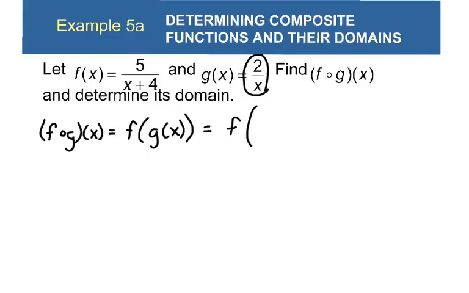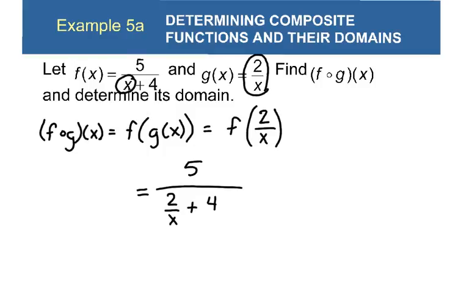So f of 2 over x. Now replace your x value that you have in your function, or all x values, depending on if you have multiple x values in your f function, with 2 over x. So we're going to have 5 over, then 2 over x plus 4.